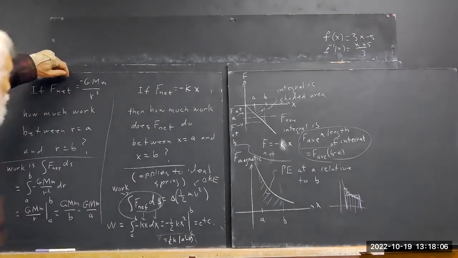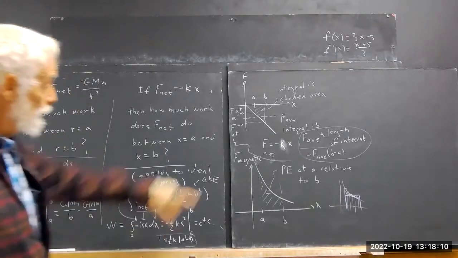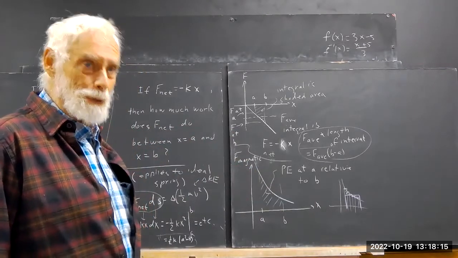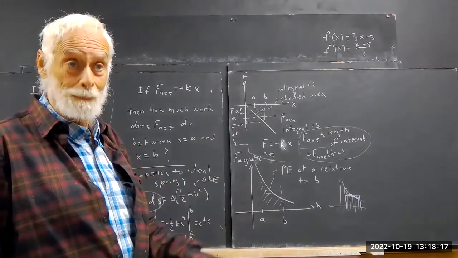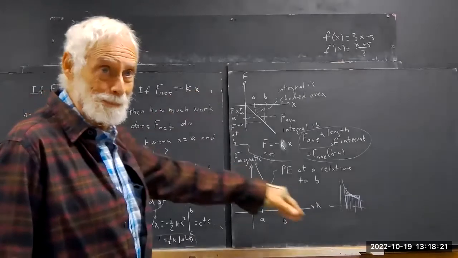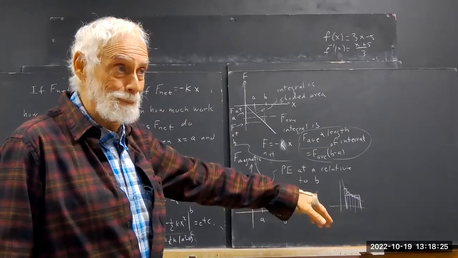If you were to do a graph of this force versus r, it would look a lot like this graph, but it would have really a different shape. The magnet graph is not going to have a reciprocal square. Okay.